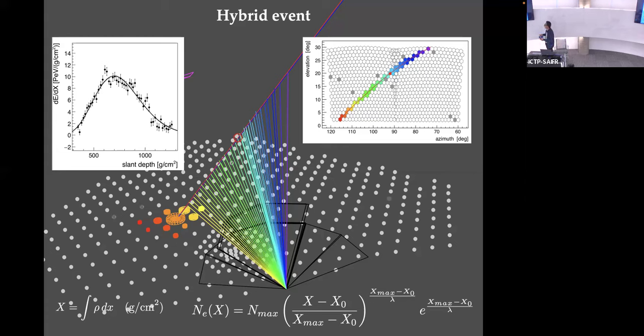And so the light intensity as a function of slant depth is dominated by the electromagnetic part of the shower. So we are measuring here the electromagnetic part of the shower. There is a phenomenological model to predict how the number of electrons and positrons in the shower varies as a function of x, which is the slant depth.